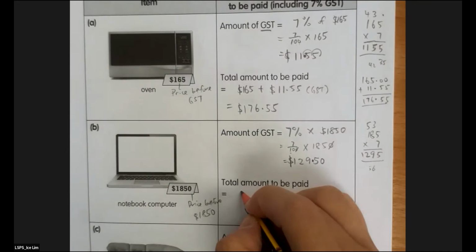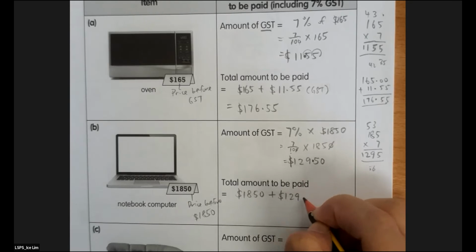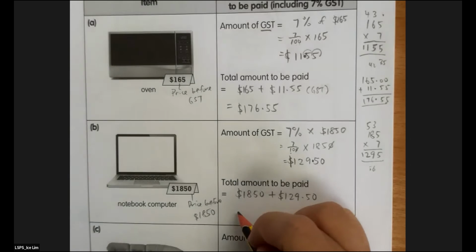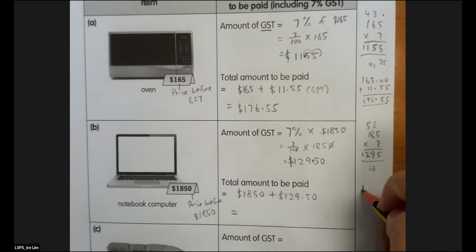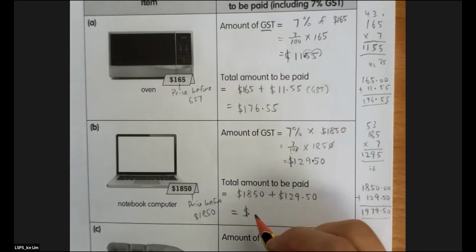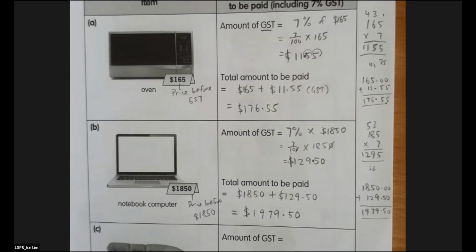So the total amount to be paid will be $1,850 plus $129.50, which will mean, after you add up the GST amount, the total will be $1,979.50.